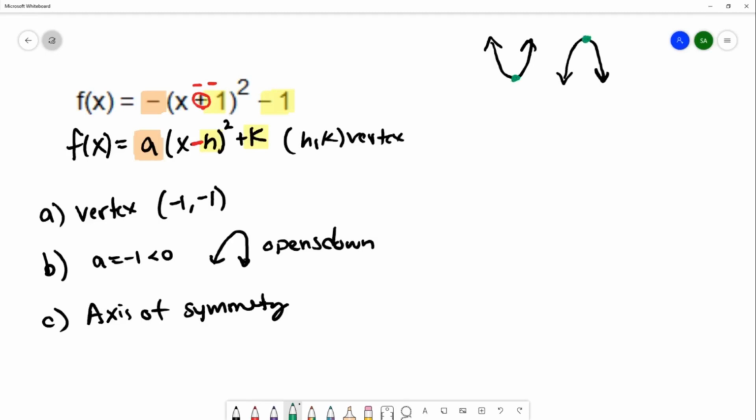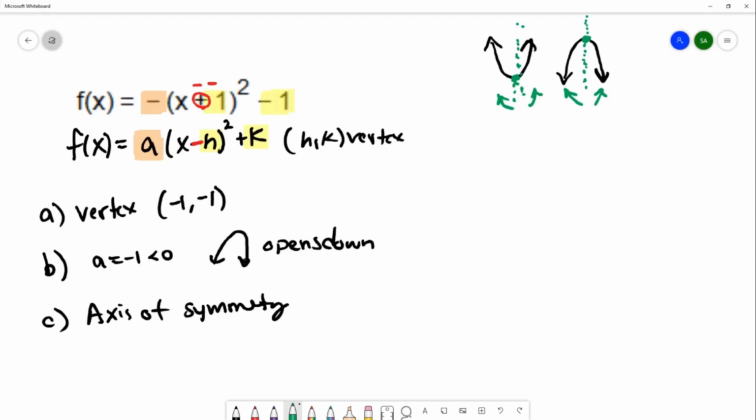And if we draw a vertical line going through the vertex, what you'll see is a mirror on either side of that vertical line. You'll see a mirror image on either side. And so we call that vertical line the axis of symmetry because on either side of that line it creates that symmetry or that mirror.